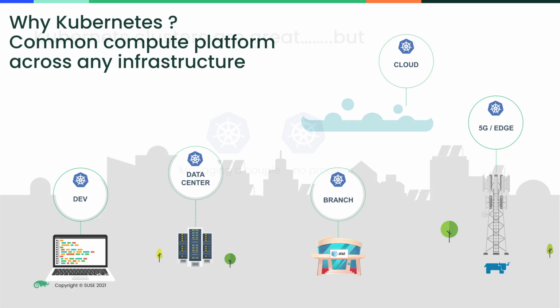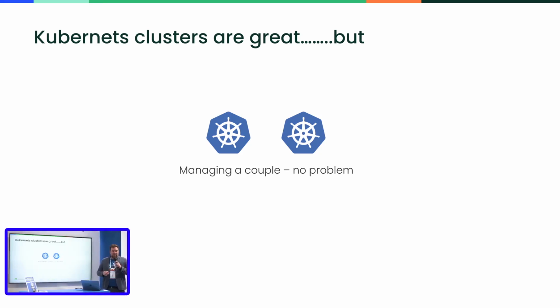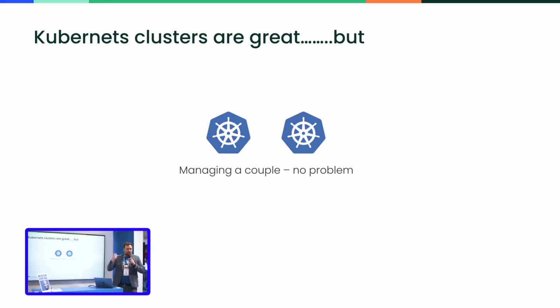If you have one or two Kubernetes clusters and you want to manage them, that's quite easy. You go to your cloud provider, you set up a managed Kubernetes cluster. If you are on premise, you may use some kind of Kubernetes distribution, something like K3s, for example, or others. And then you set it up, you deploy your applications, all fine.